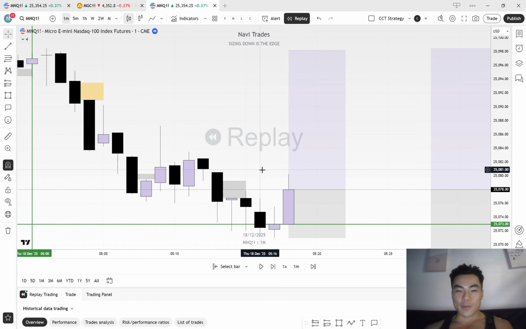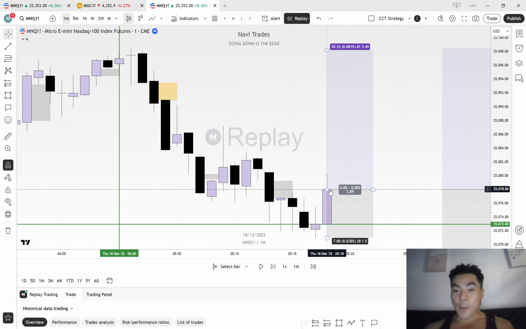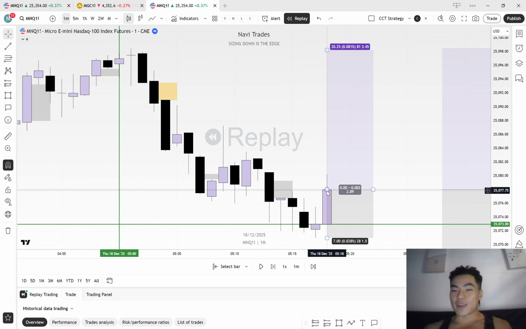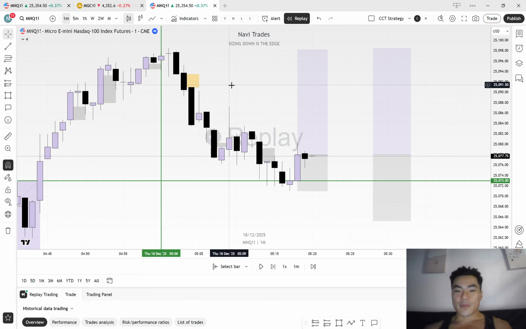Now we're looking for a close back above. There you go, bang. So we close above the open of the candle that took us down. Okay, this one. So then we would enter on the close of this candle, stop at the low, targeting these highs. I think we got stopped out, yep.